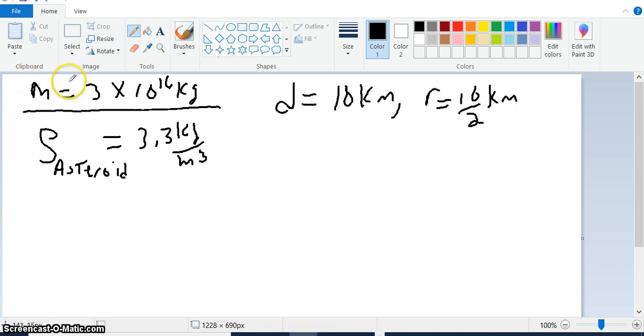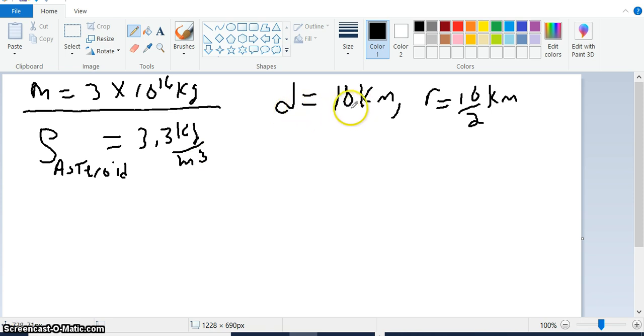We calculated that the average human, or actually this was more like a guy, it doesn't really matter, would have a mass of about 3 times 10 to the 16th kilograms if made of solid neutron material. They want us to compare this to the mass of an asteroid. An asteroid has the typical rocky density of 3.3 grams per cubic centimeter.